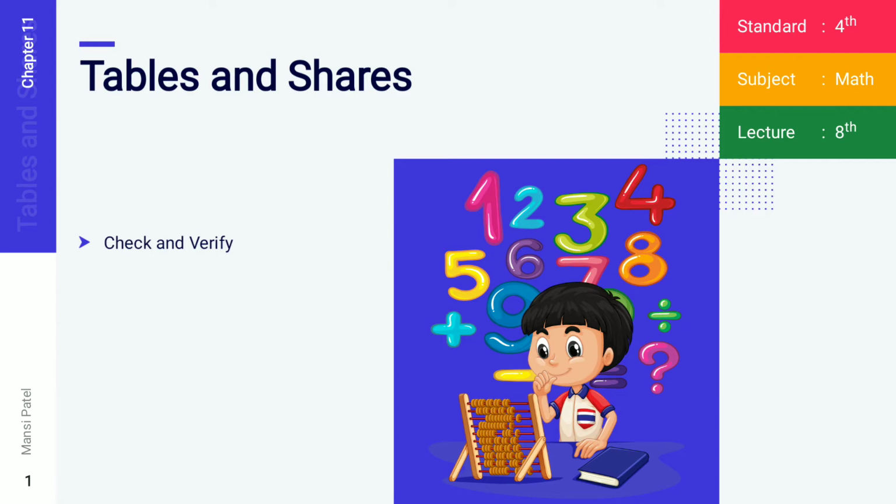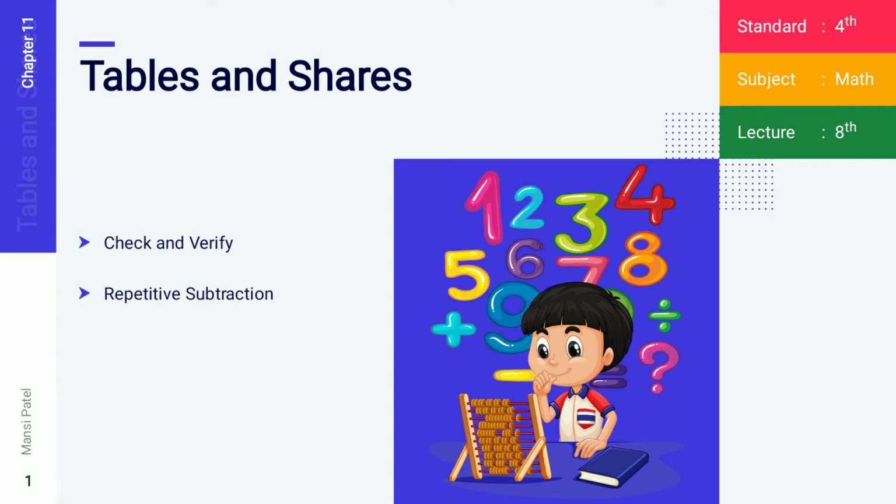What is the meaning of check and verify? As in the division, we are doing the division. Now in that division, what do we want to do? We have to check that whatever our quotient is, whatever our remainder is, that is right or wrong. So that is known as check and verify.